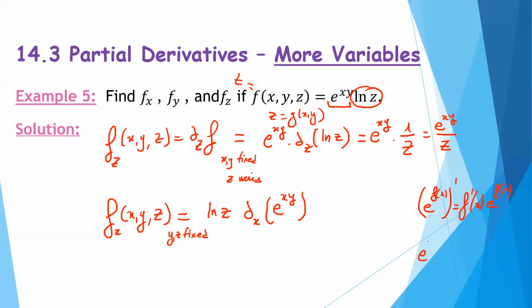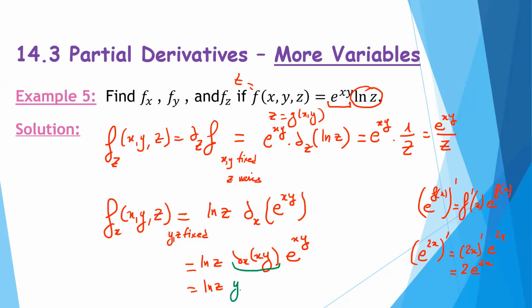Like what came in your quiz: exponential 2x prime is 2x prime times exponential 2x, so 2 exponential 2x. So here it gives us ln z times dx of xy times exponential xy. What is the derivative with respect to x of xy? y is constant, it comes out. We can solve it step by step so I don't make a mistake: ln z times y times dx of x, which is 1. The derivative of x is 1. So exy, and this is the result.